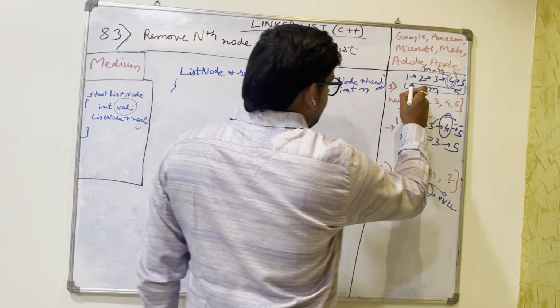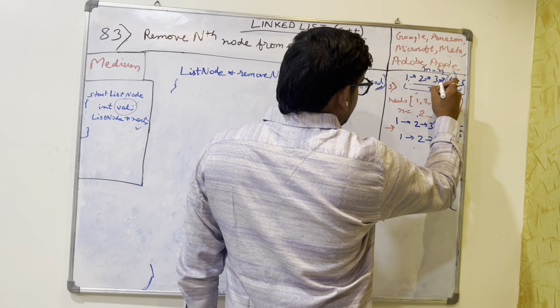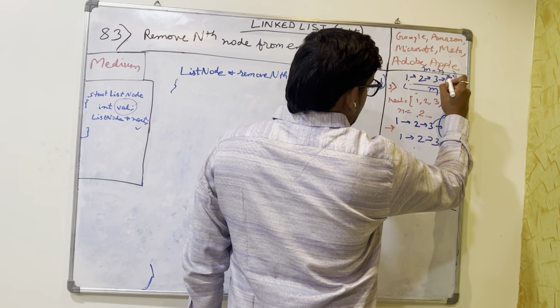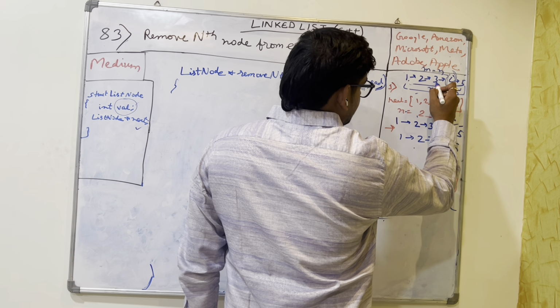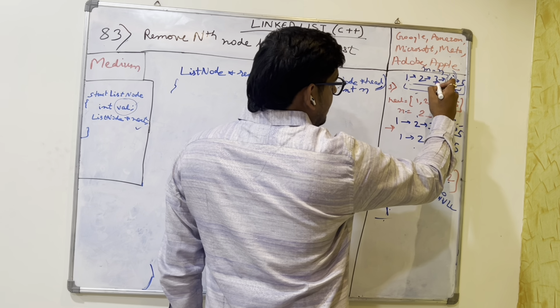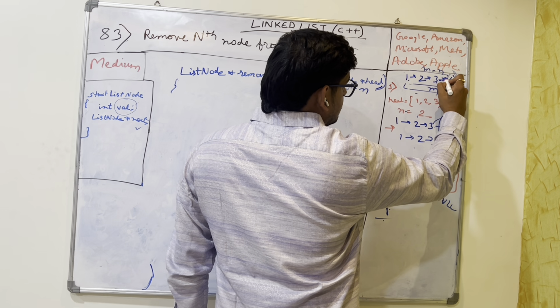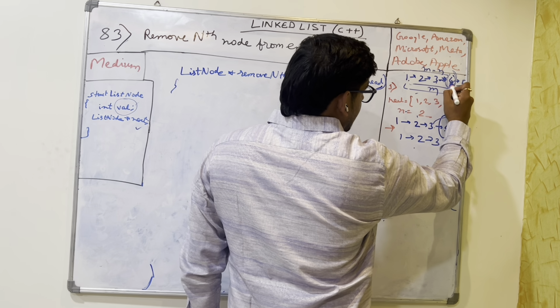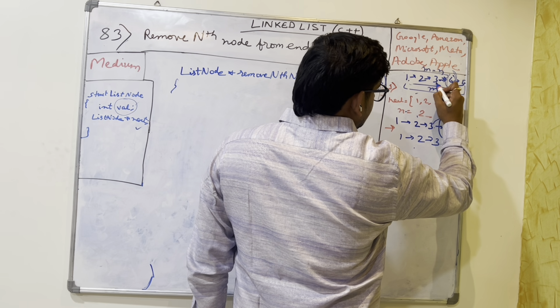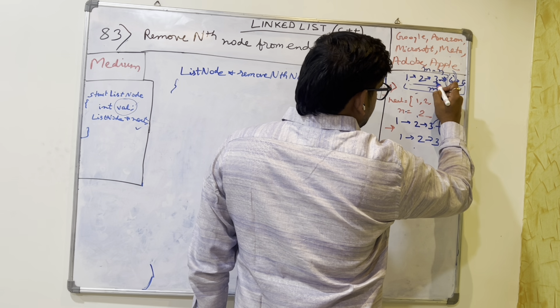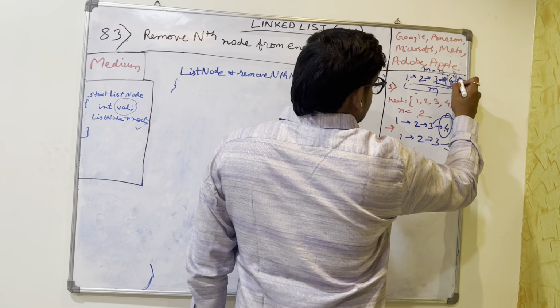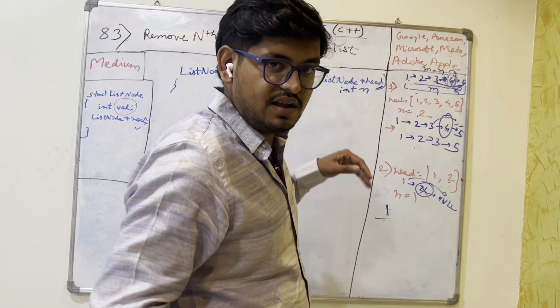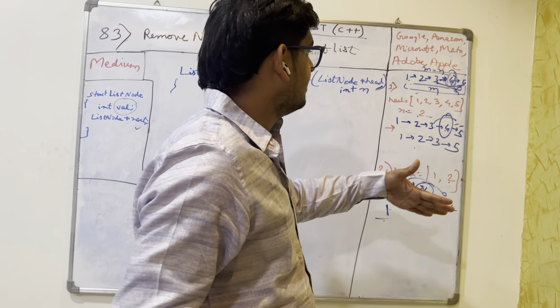But when we need to remove this 4, we need to go previous to this element and then instead of pointing its node to this element, we need to point it to this one's next. 3 will be pointing, instead of pointing to 4, it needs to point to 5, right? So this will automatically be removed from the single linked list, right?